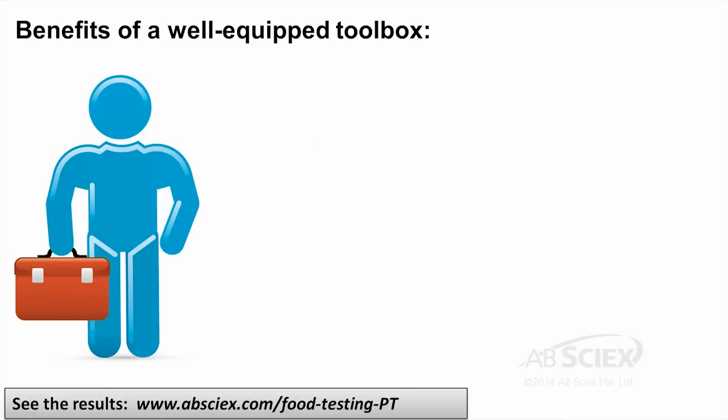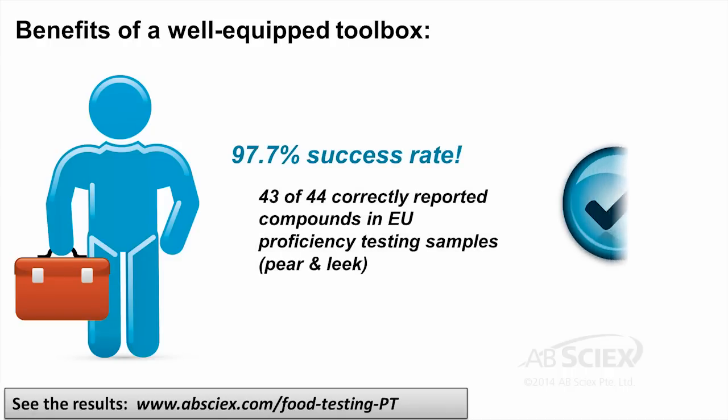And to prove it, we put this workflow to the test. When using all of these data criteria, including MS-MS spectral libraries and ChemSpider, our food application team successfully detected and identified approximately 98% of the residues present in a pear and a leek sample provided as a proficiency test by the European Union using an unknown or non-targeted screening acquisition workflow.